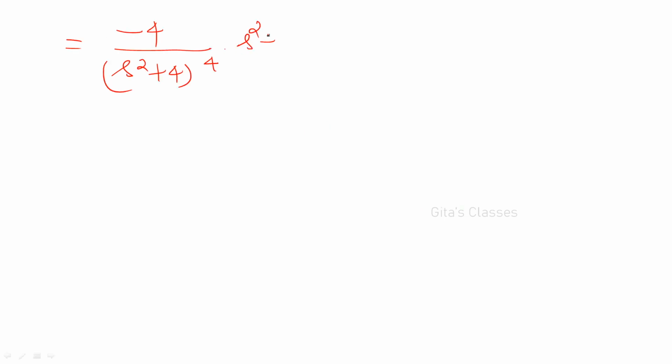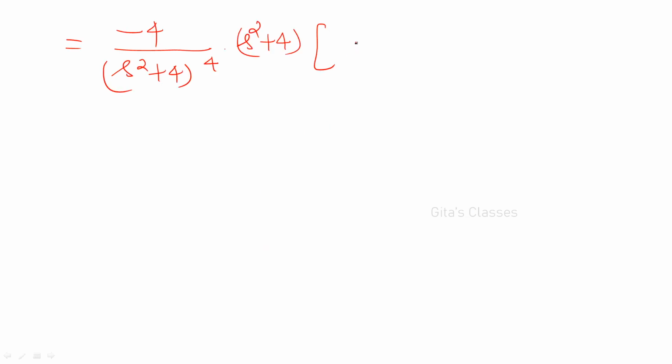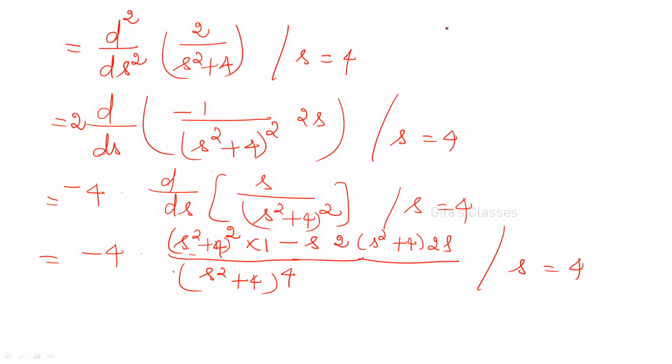Okay, so one s squared plus 4 I am taking it outside. So after that what will happen? In the first term I have s squared plus 4 the whole squared into 1. Here s squared plus 4 into 1. So remaining is s squared plus 4 for the first term. And in the second term you have 2s here, 2s here, and one s squared plus 4 has come out.